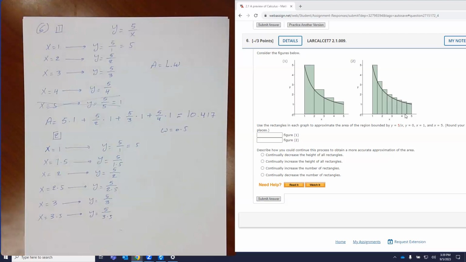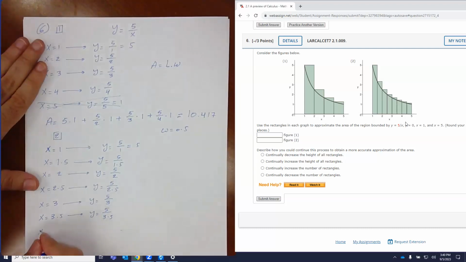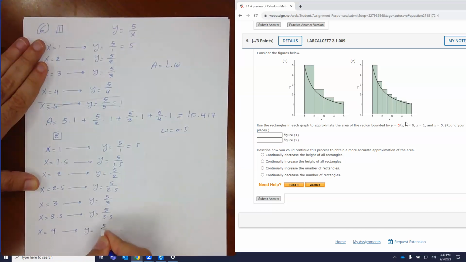We need 4, 4.5. That's it. We're going to stop here at 4.5 because at 5, there is no rectangle here. So when x equals 4, y is going to be 5 divided by 4. And when x equals 4.5, y is going to be equal to 5 divided by 4.5.